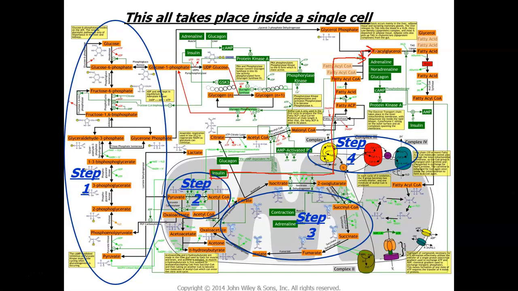Glucagon can actually do the same thing, but its purpose, its reason, is a bit different. Glucagon is a hormone which, just like insulin, is released from the pancreatic islets, or the islets of Langerhans. Glucagon functions to increase blood glucose levels.